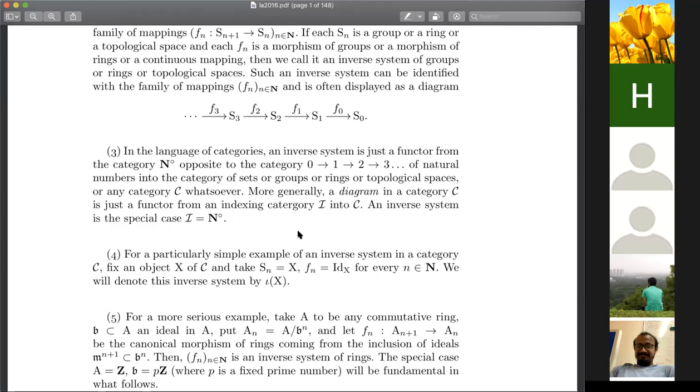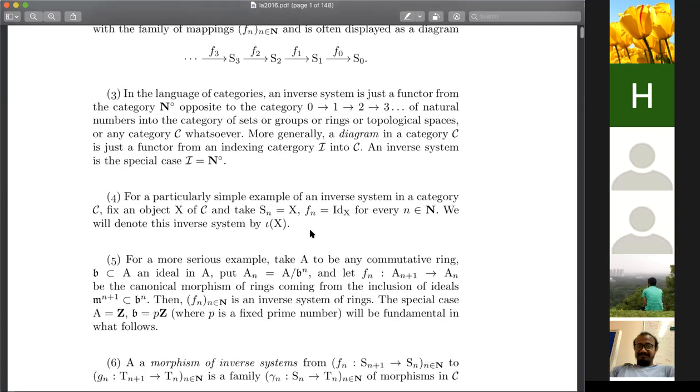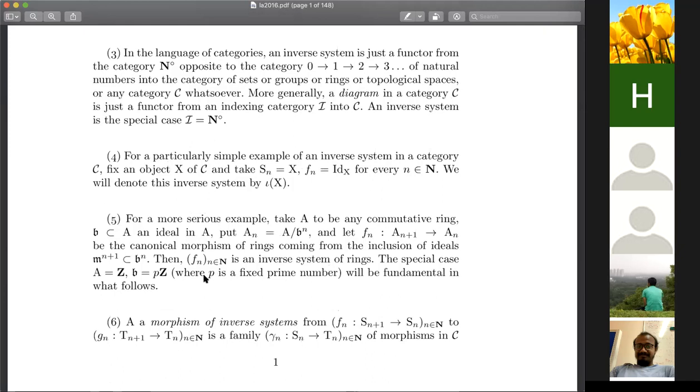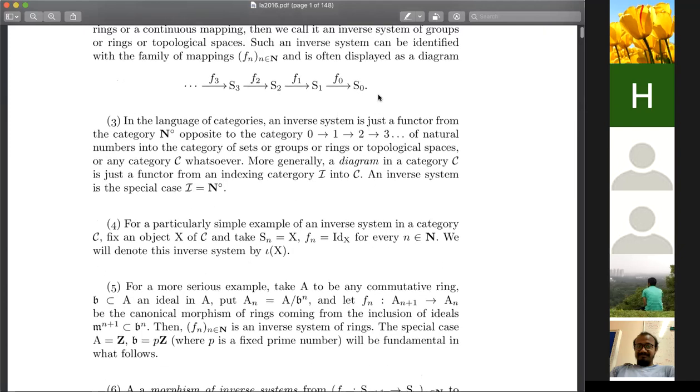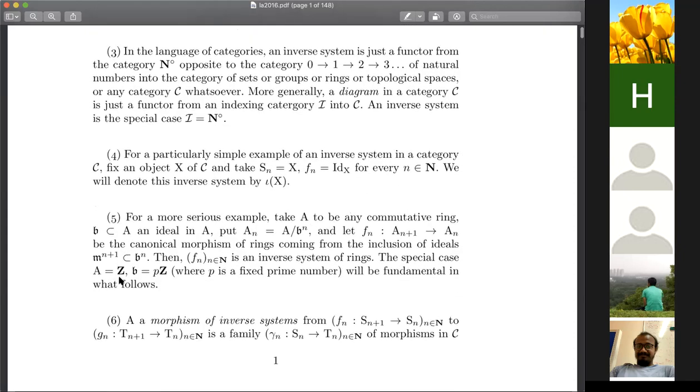Good. So in that example, S0 will be Z only. In the fifth example, that example that you gave, S0 will be Z, am I right? In this, when A is Z and B is PZ, what is A0?